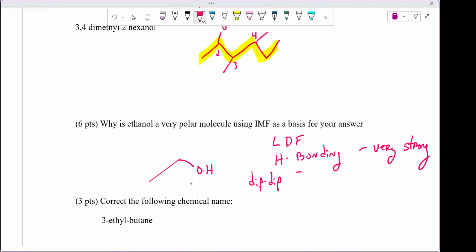But if it had an alkane and an ether, ether's stronger because of the oxygen. Alkanes are the bottom. They're very milquetoast, very, very nonpolar. Just LDF, London dispersion forces, is all it's got. Same with an alkene, London dispersion forces.